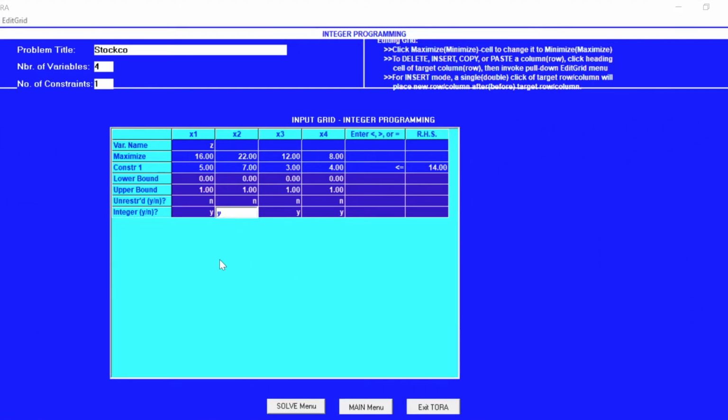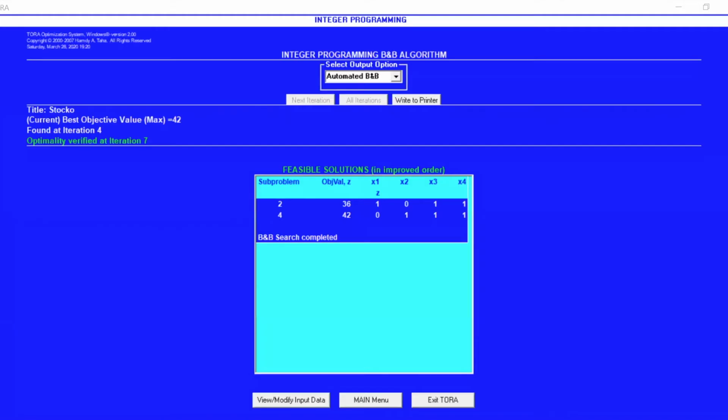So going into Torah, we see that we have 4 variables and 1 constraint. And again, I want those to be binary. That's why I set lower and upper bound 0 or 1, and also they are integers. That's why I set them into integer programming. And we actually get 2 solutions.